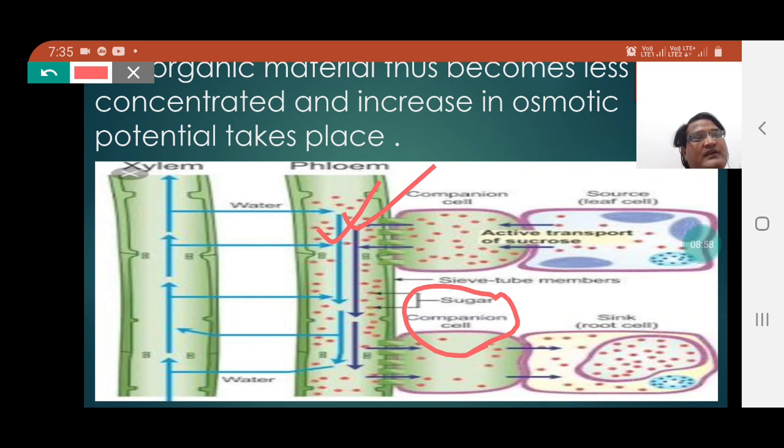The companion cell further assists in the active transport of sucrose from the leaf to the lower parts of the roots.